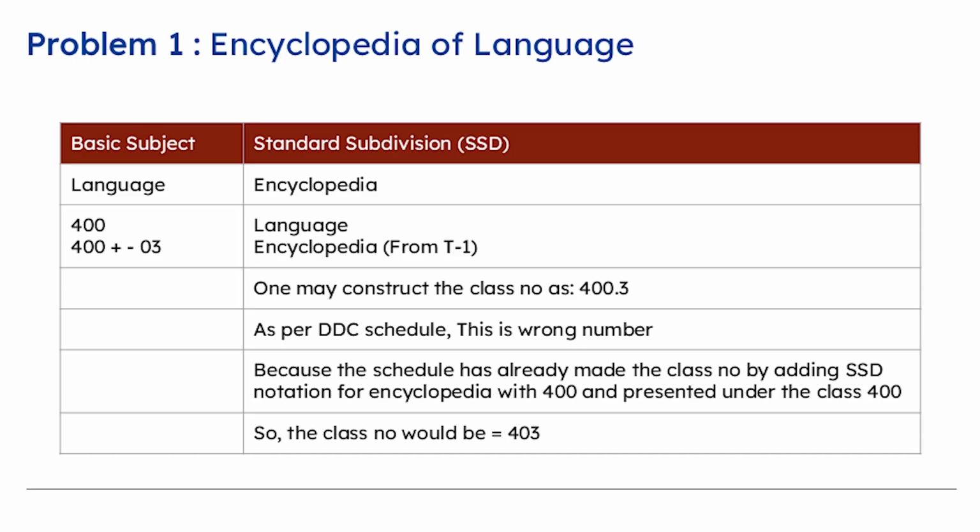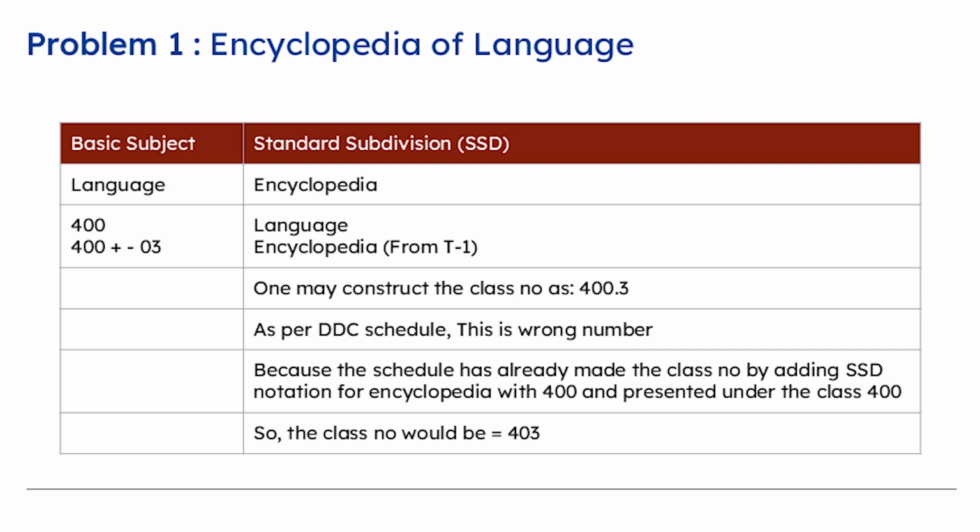Accordingly, if we go under this 400, we will see 401, 402 or something like that.